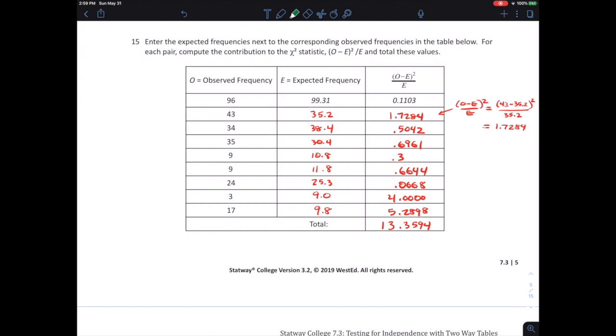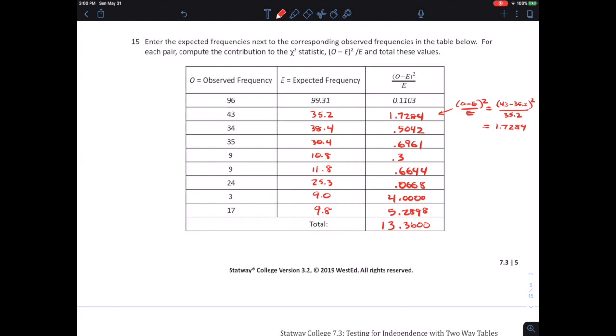Okay, so you might have gotten 13.3600 on this if you use the same value, that 0.1103 in the top row.